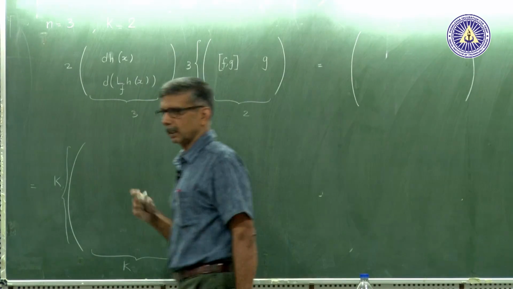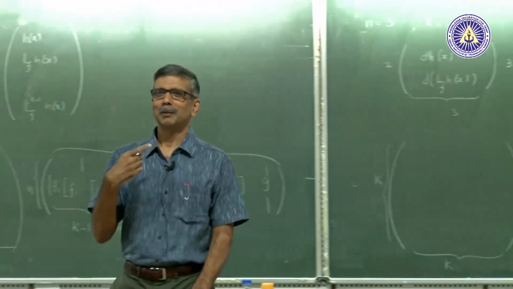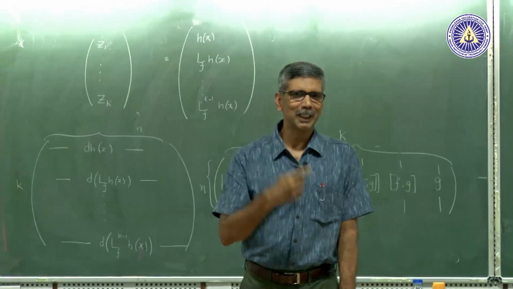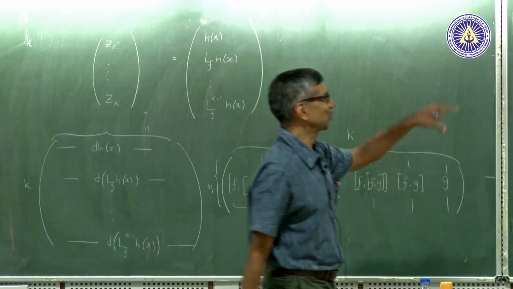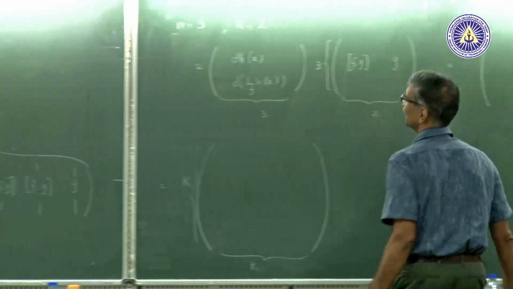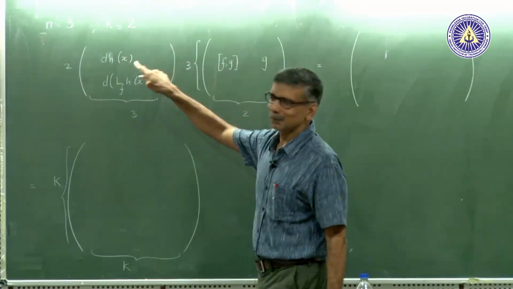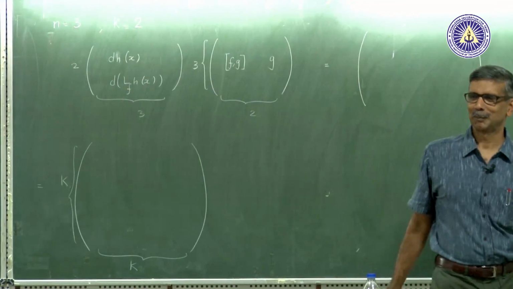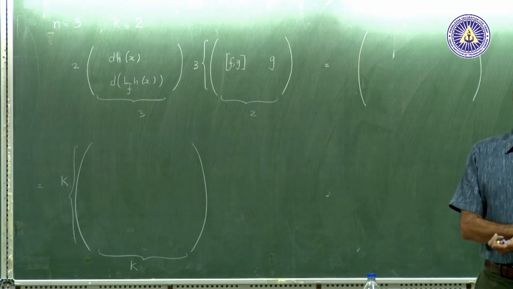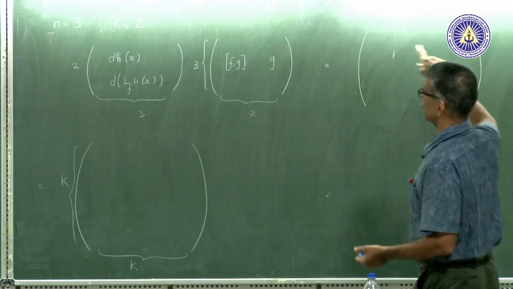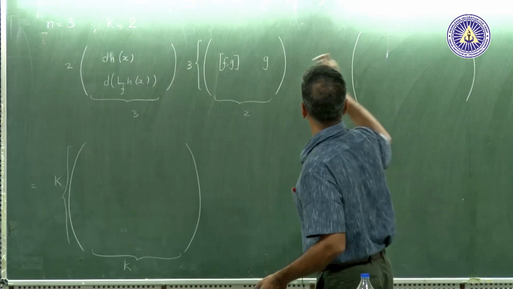Now that you have gained some familiarity with Lie derivatives, how will I write that matrix? Because it is going to be full of Lie derivatives, and however much you want to stay away from them, you will have to use them. So the first, this by this, will be what?